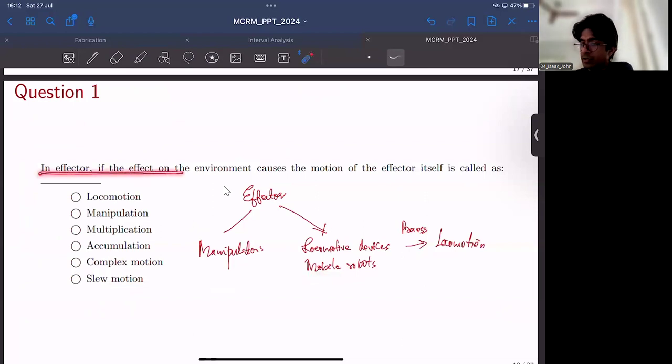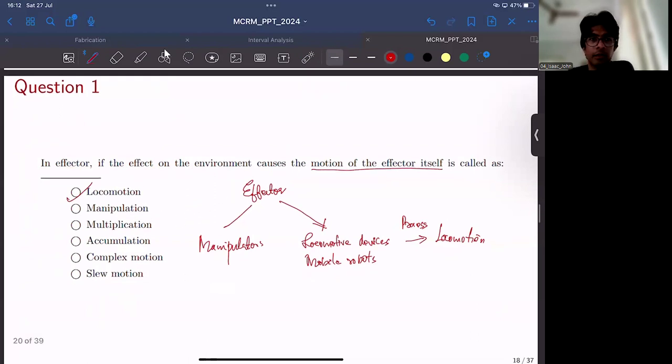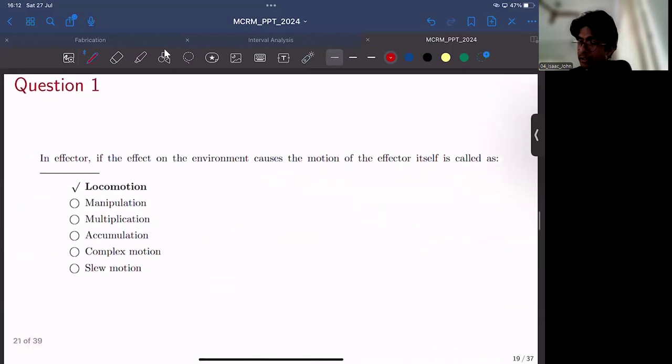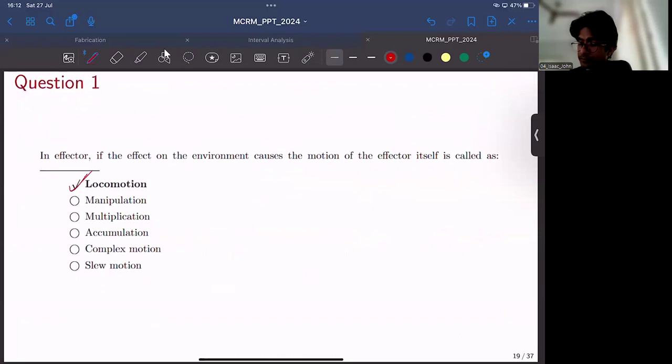So in this case, for problem one, I hope you will all agree that the correct option is locomotion, because the question specifically asks about the motion of the effector itself. So I hope that is clear. Yeah, checking the answer, option one is correct.